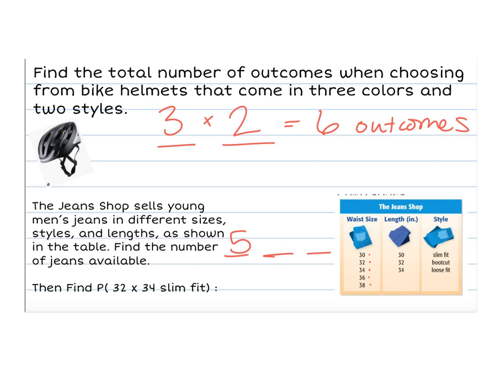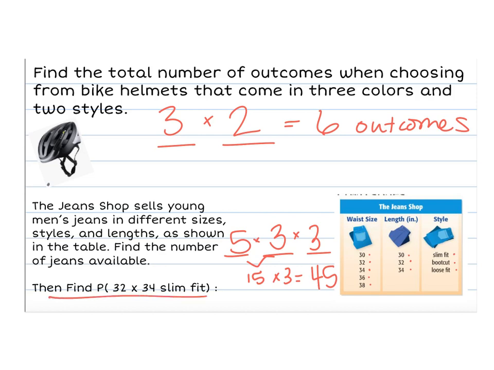For choosing a length, there's 1, 2, 3 lengths. And then for style, we've got 1, 2, 3. Multiply those together. 5 times 3 is 15 times 3, which would be 45 outcomes.